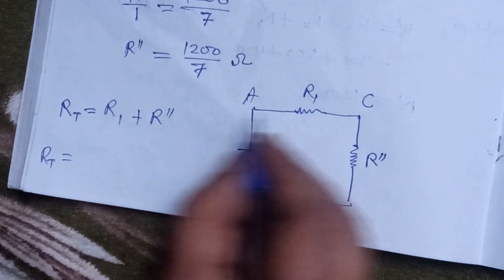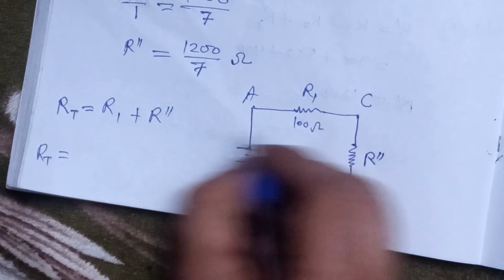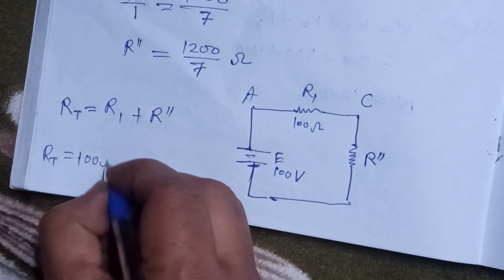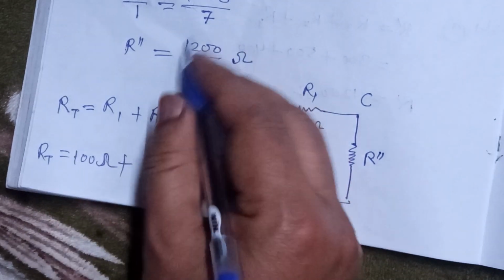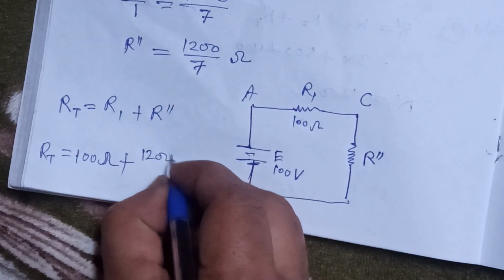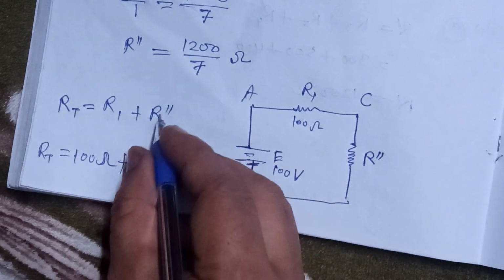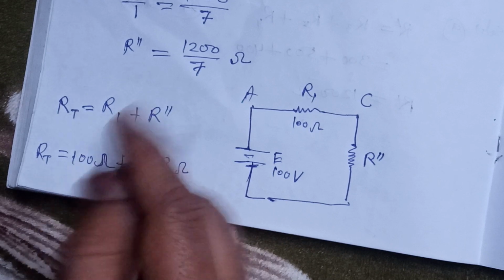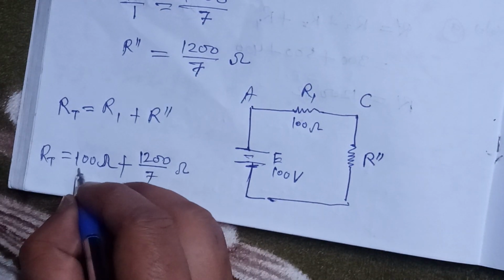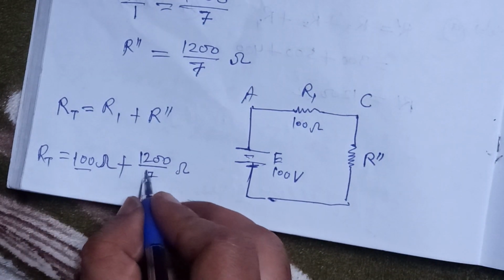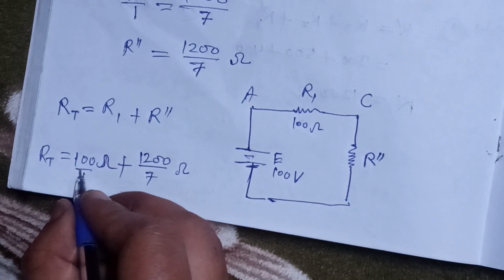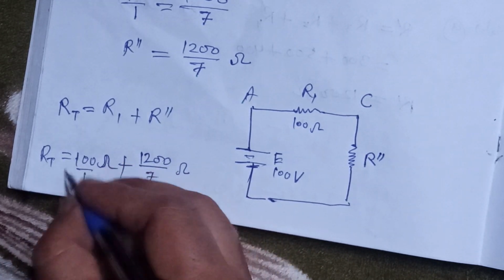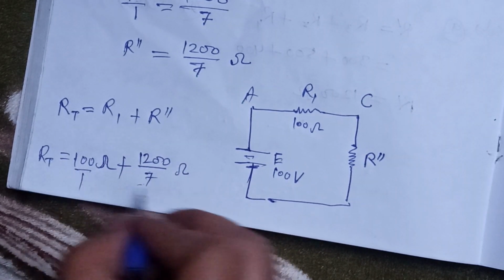Therefore R1 is given as 100 ohm, and we have found the value of R double dash. Now we have to calculate this by taking the LCM of 7 and 1. We make 100 a fraction also, and the LCM of 1 and 7 is 7.